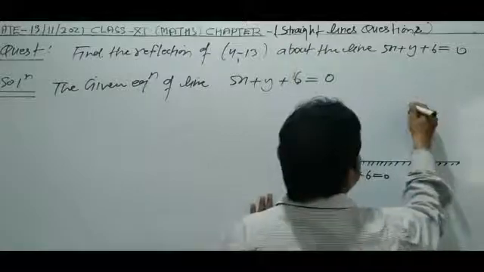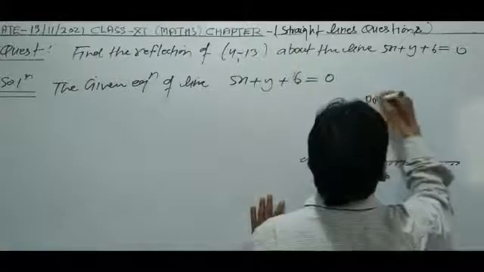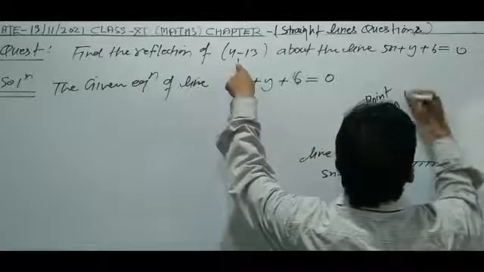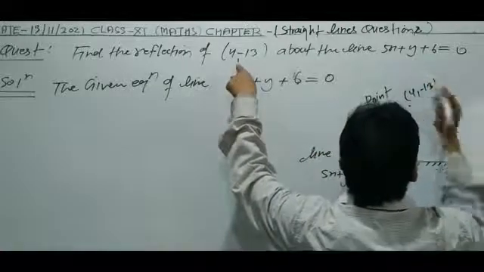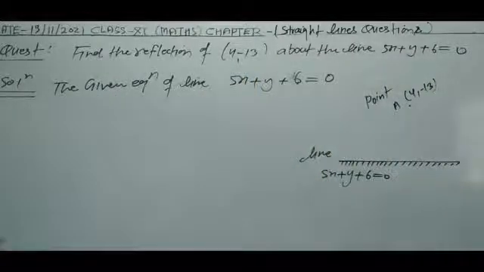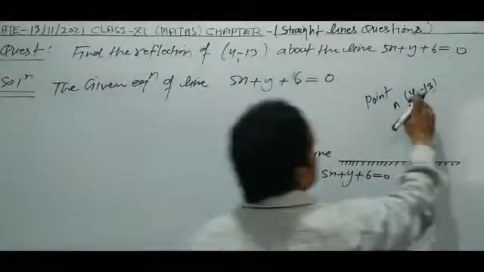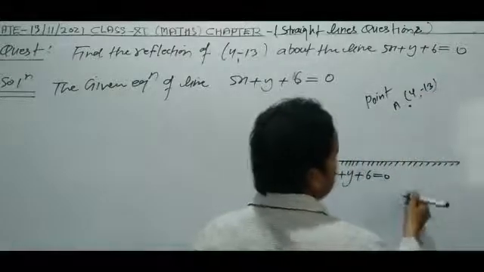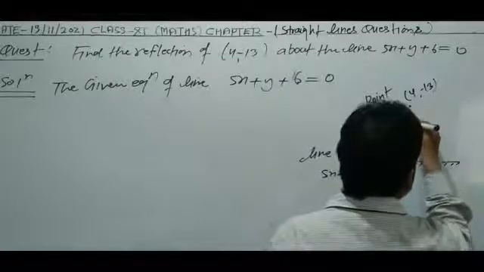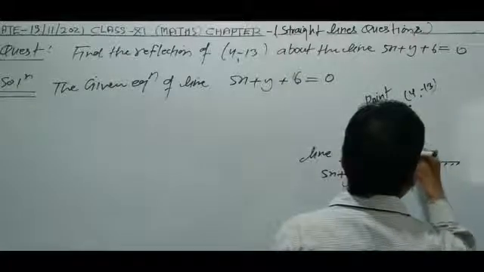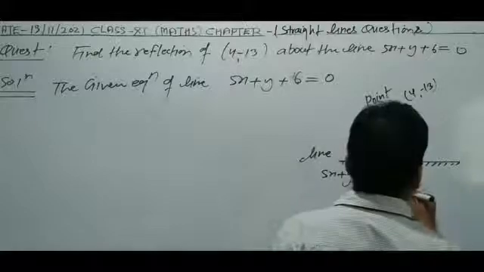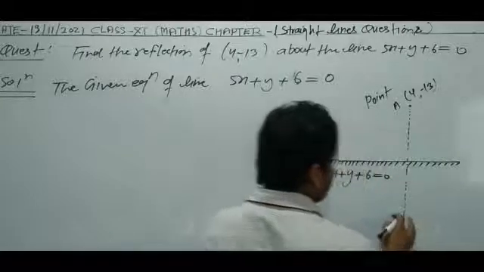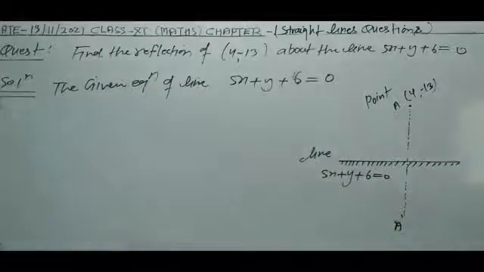And this is the point A, with coordinates (4, minus 13). The reflection of (4, minus 13) about this line, you can consider a perpendicular line, and consider this is A dash, the reflection of the point.